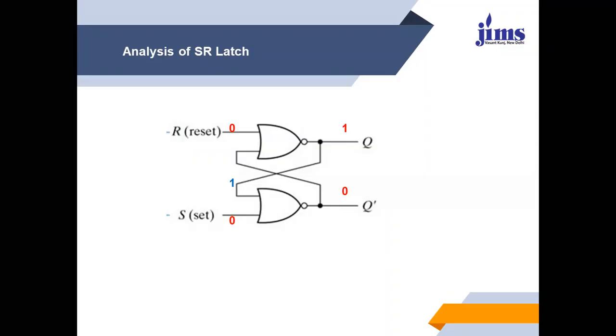If any input is 1, then the output of the NOR gate will be 0. This 0 is fed back here, and for the NOR gate with both inputs 0, the output is 1. So we can say that whenever both R and S are 0, the present output is the previous output, whatever the previous output was.